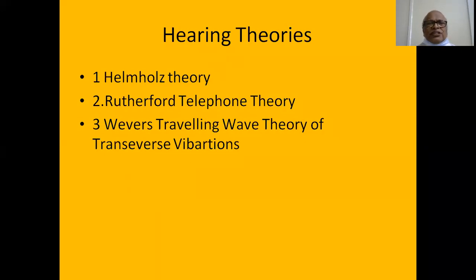Now the second theory is Rutherford's telephone theory. What does Rutherford's telephone theory state? According to this, for each frequency, the entire basilar membrane vibrates, and the vibrations are carried through the auditory nerve, and the impulses are felt in the auditory cortex in the temporal lobe, and it is in the auditory cortex that they are perceived and recognized.